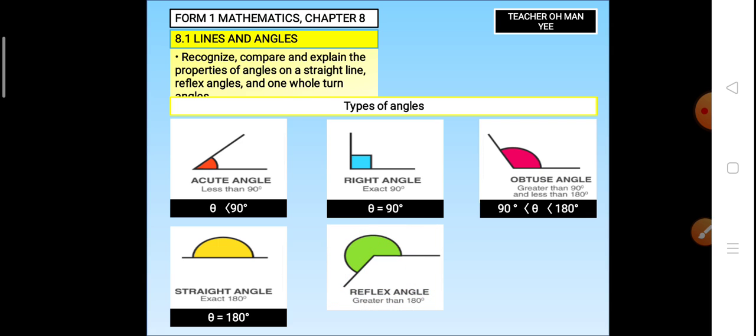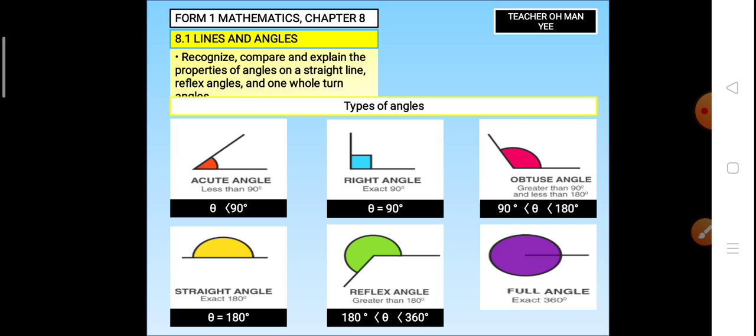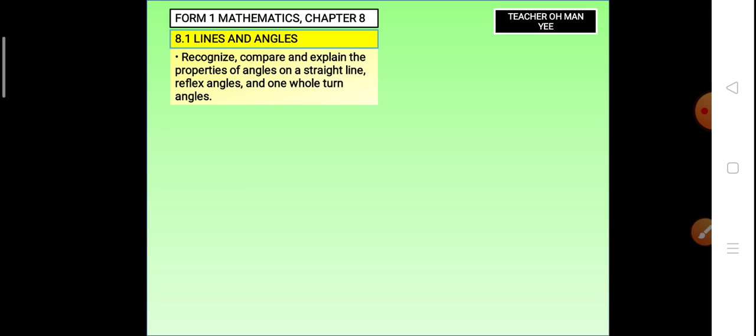And the next one, reflex angle, which is between 180 degrees and 360 degrees. And finally, we have full angle, and we can also name it as angle of whole turn, which is exactly equal to 360 degrees. So here, we had revised 6 types of angles. Alright, so now we move on to an exercise.